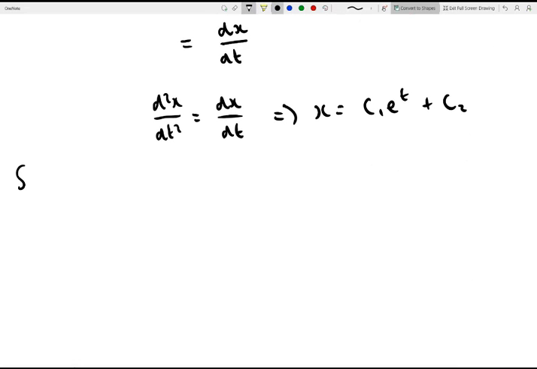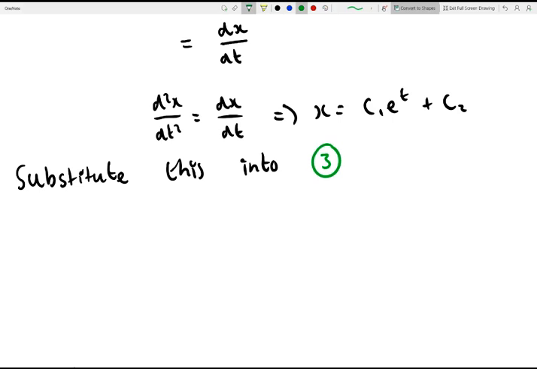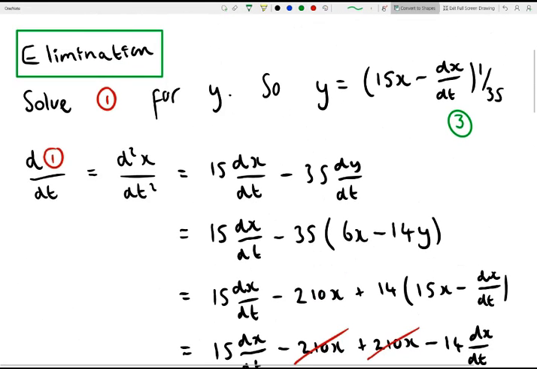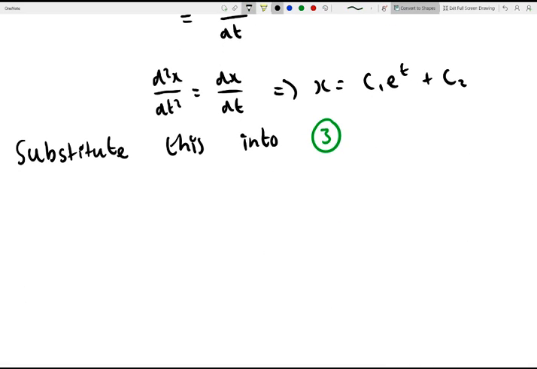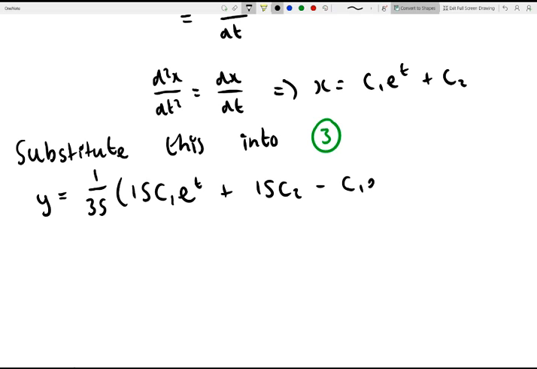So if we substitute this into equation 3, equation 3 was this y that we rearranged, then y is 1 over 35 times 15 times c1 times the exponential of t plus 15 times c2 minus c1 times the exponential of t.